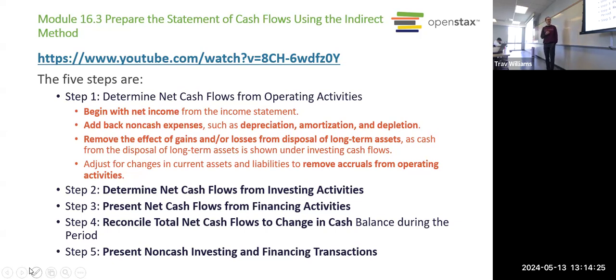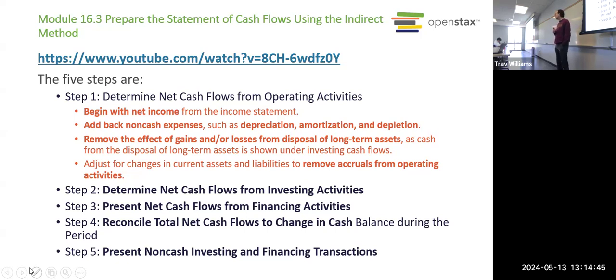Cash moves in the same direction. That gets us to our net cash flow from operating activities. We can then go on to the investing section and the financing section. With those sections, there's only one method for each one.